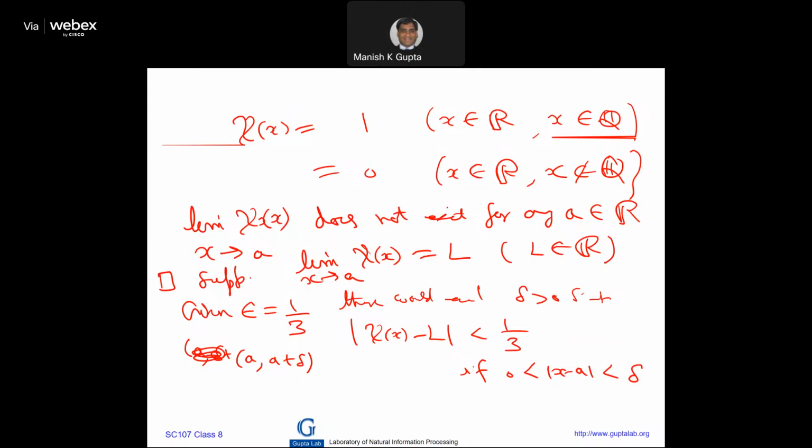X approaches a from the left side and the right side, and here I am looking at the right hand side. In this interval a comma a plus delta, there will be rational numbers and irrational numbers, both will be there.